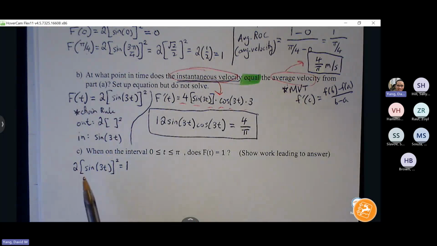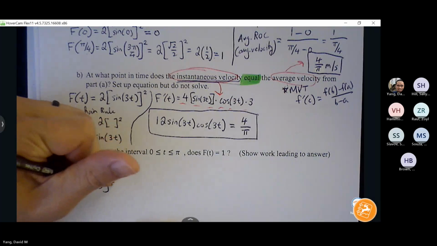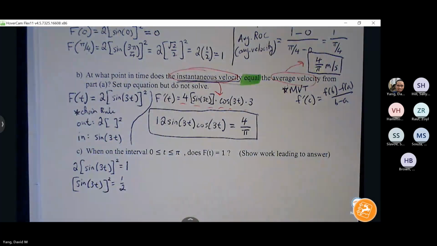All right, we want to first begin to move things over to the other side. Eventually, you want to solve for t, but let's move what's easiest to move. Let's divide by 2.